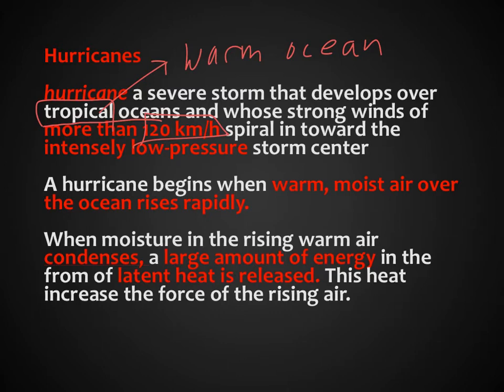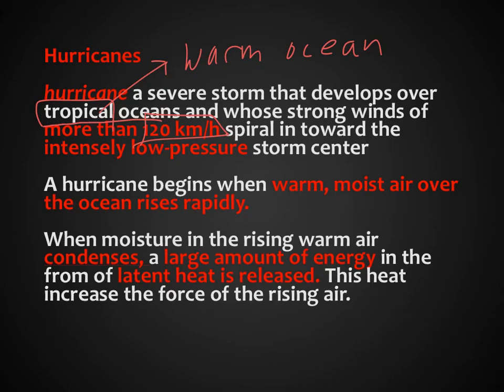Translate that to miles per hour, I believe it's like 75 miles per hour or so. That is the cutoff for if it's a hurricane or not. If it's not up to that speed, 120 kilometers per hour, it's known as a tropical storm, and before that, a tropical depression. But it's got to get up to that point to be officially considered a hurricane.